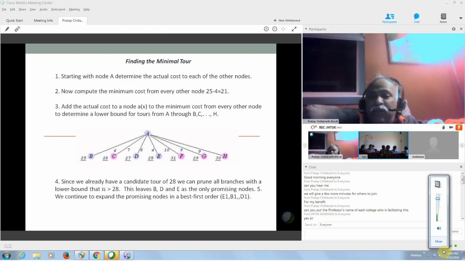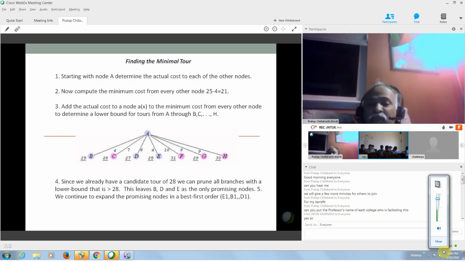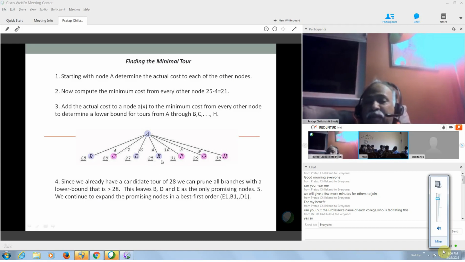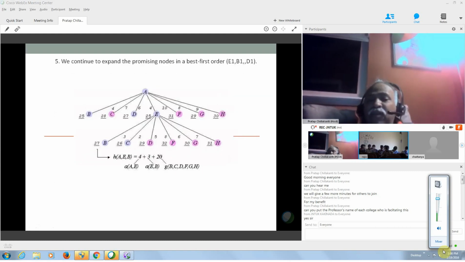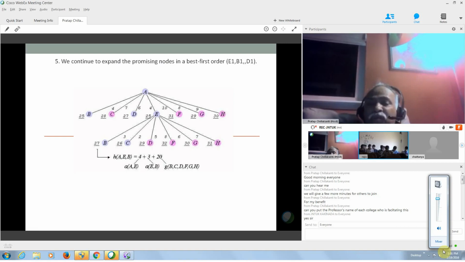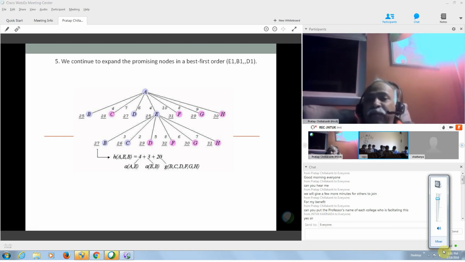If you look at the 28 here, C, F, and H are greater than that. So your objects of interest would then become B, D, and E.